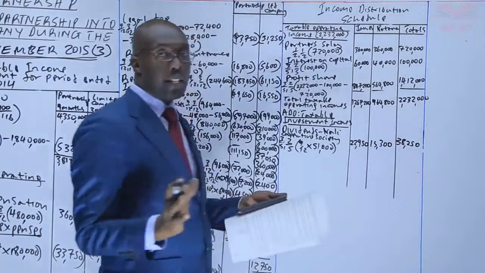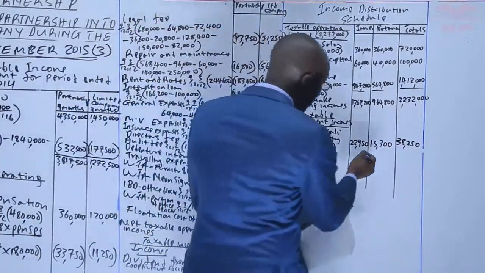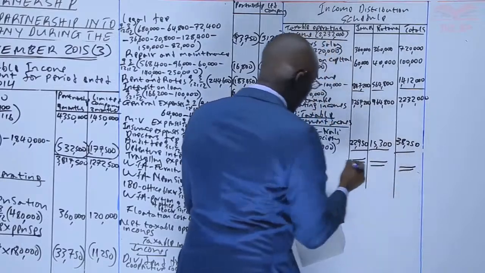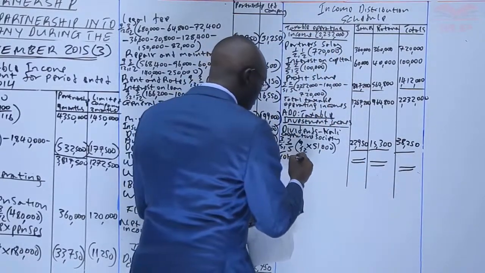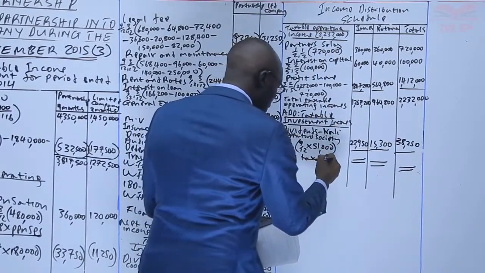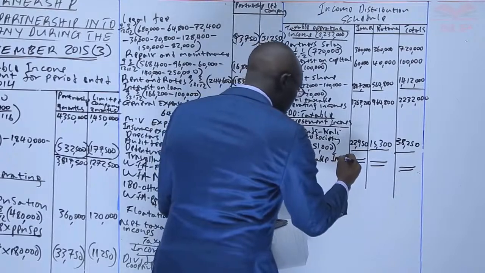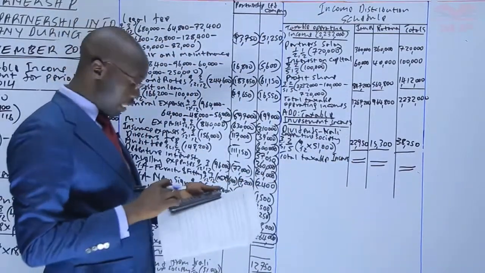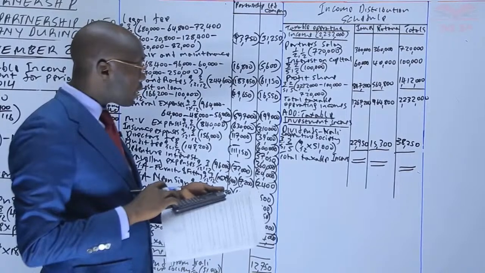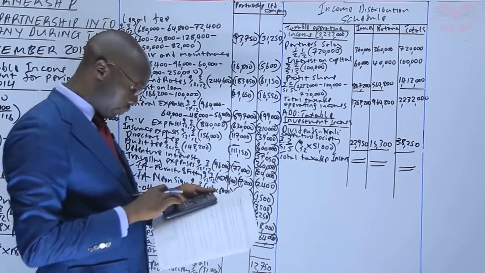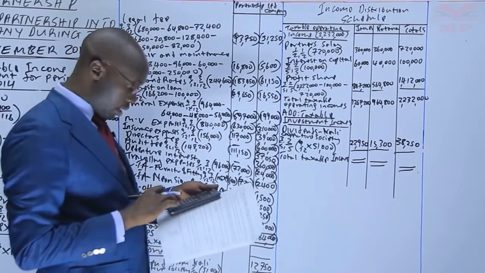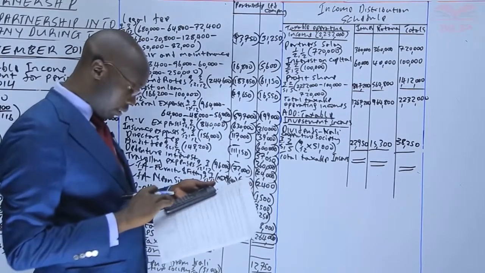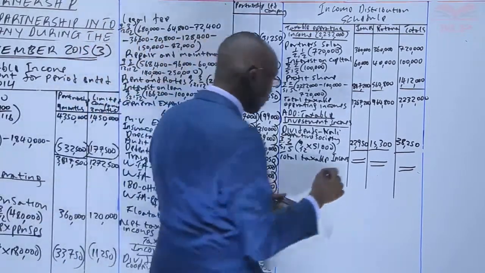And since there is no other investment income, we now can get the total taxable incomes. So we take the operating plus investment, 1,267,200, and then we add 22,950. That gives us 1,291,150.